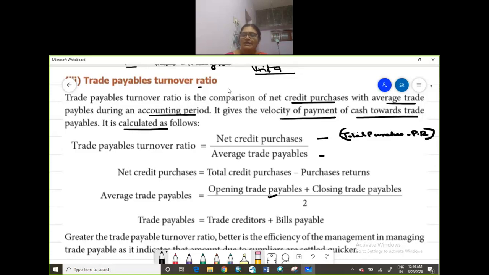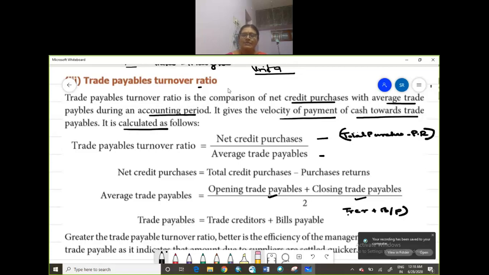It's not only bills payable, you have creditors too. So your trade payable is trade creditors plus bills payable. So average trade payable is nothing but opening trade payable plus closing trade payable, divided by 2.